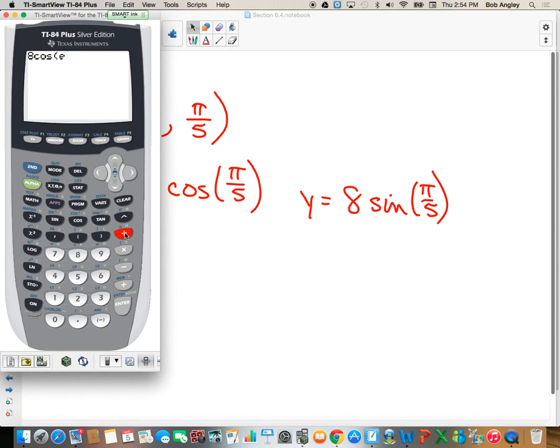It helps if you hit the pi key. Back up, second pi. Do it again. Pi divided by 5.